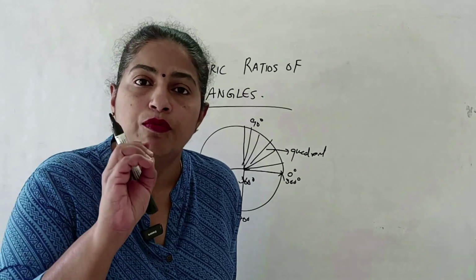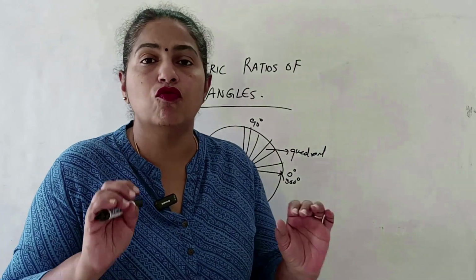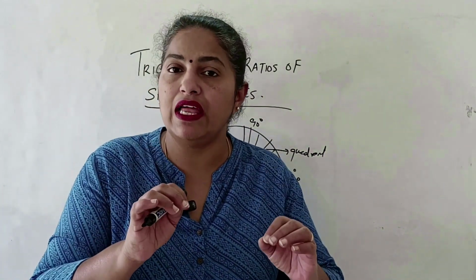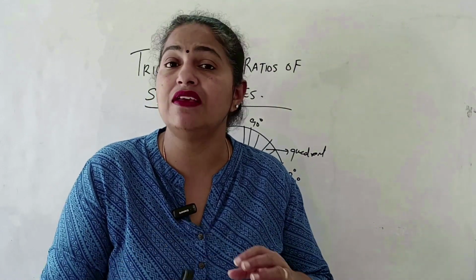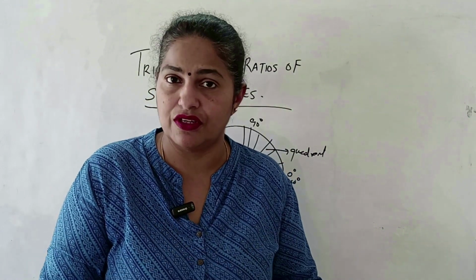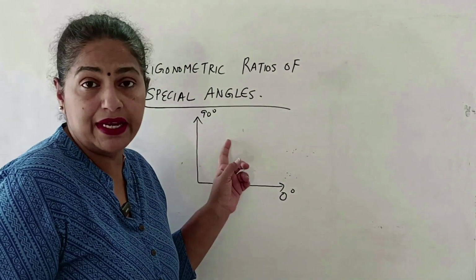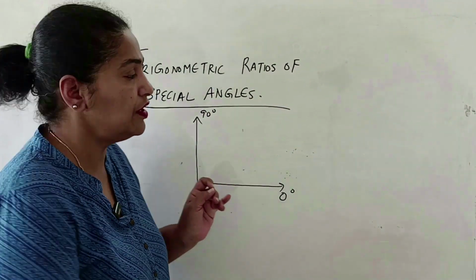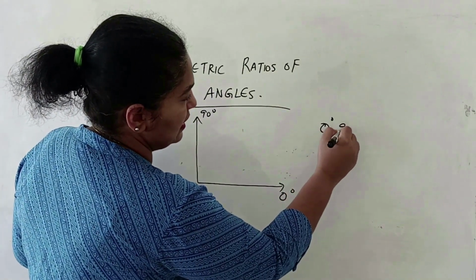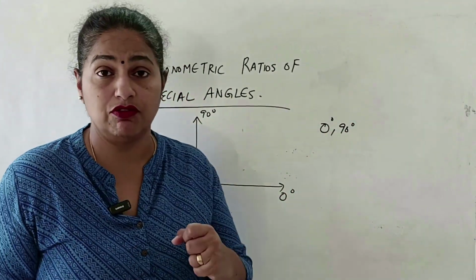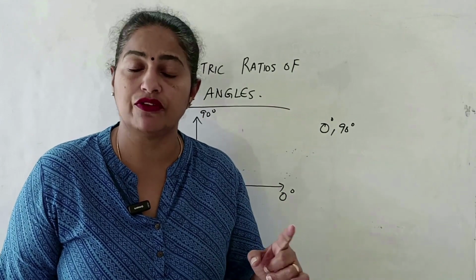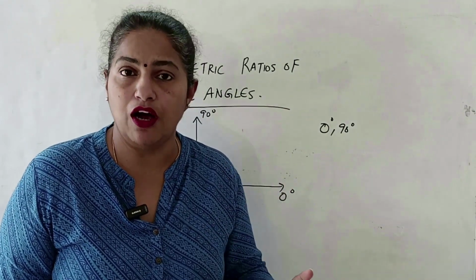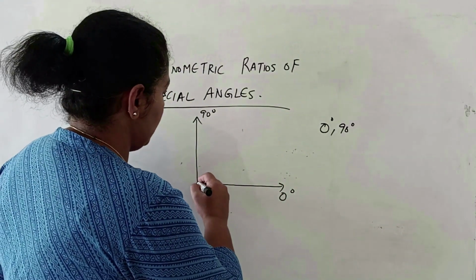Between 0 and 90, what are the angles whose values you should know is what we are going to talk about next. 0 degrees and 90 degrees, obviously the start point and the end point, are important. So 0 degrees and 90 degrees are two specific angles that we have to be careful about, or we have to memorize the values. Now, their half, the middle of them, is 45 degrees.